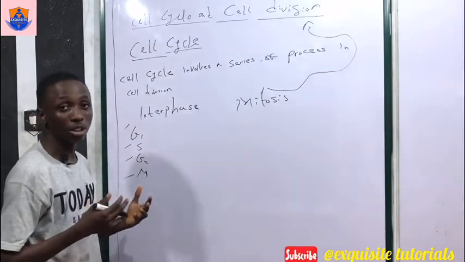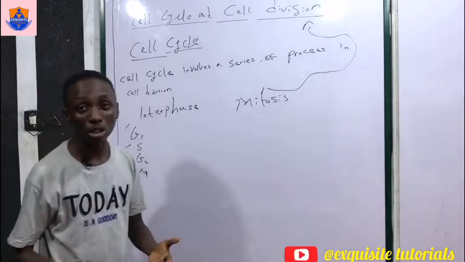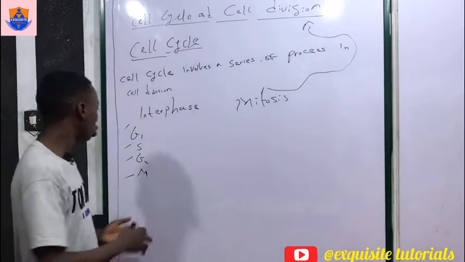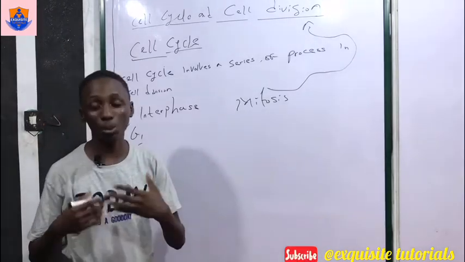Now, during the G1 stage, the cell actually prepares itself. It prepares itself, and there's preparation for duplication. So during the G1 stage, the cell is actually preparing for what? For duplication.